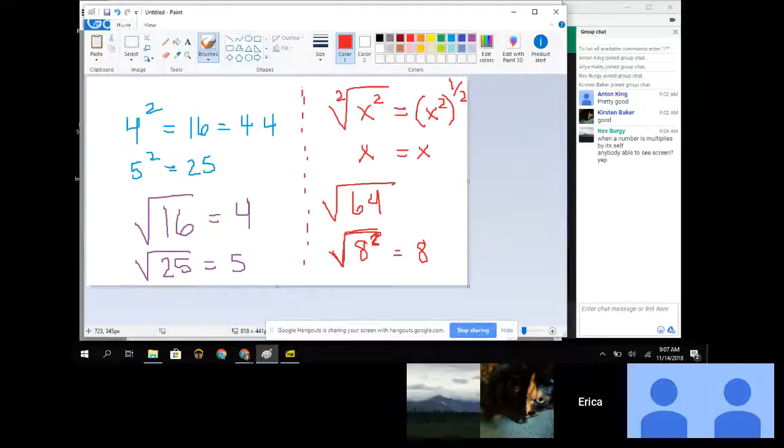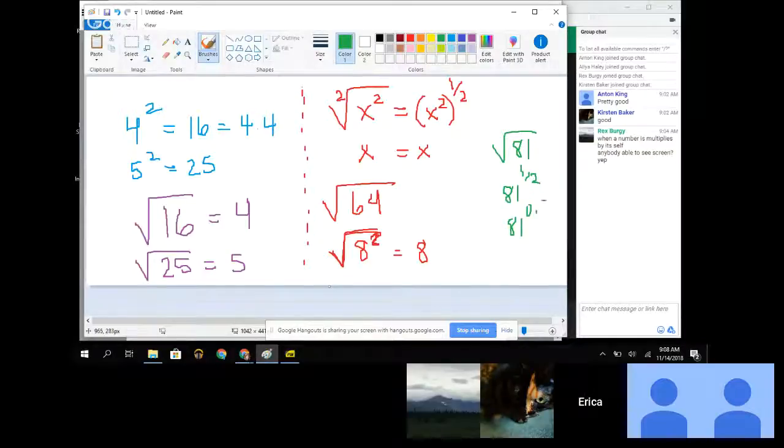It's actually kind of cool if you have your scientific calculator. If you put in your calculator the square root of 81, or you put 81 to the 1/2 power, or 81 to the 0.5 power, all of those will give you the same answer, which is 9, because 9 squared is 81.